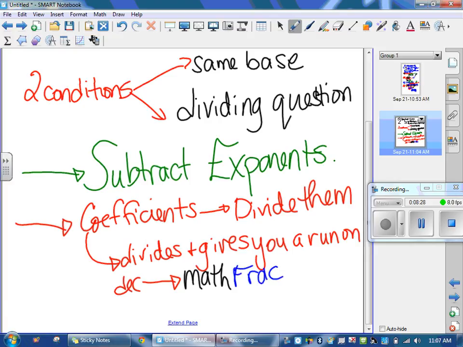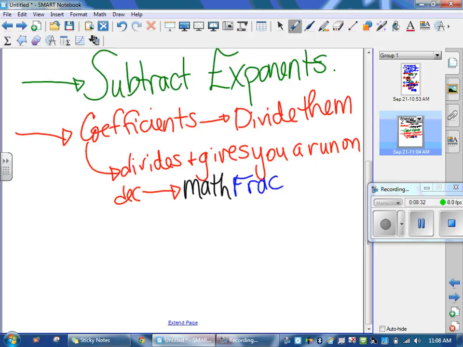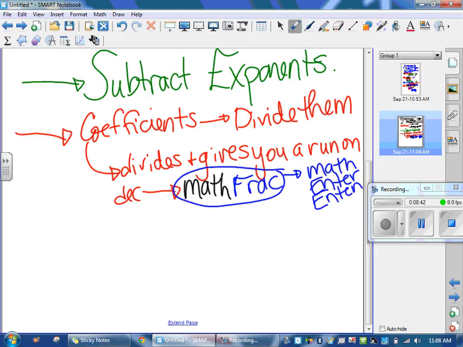What that is: math, enter, enter. If I say math bracket, I want you to go math, enter, enter on your calculator. That's your calculator steps to do that.